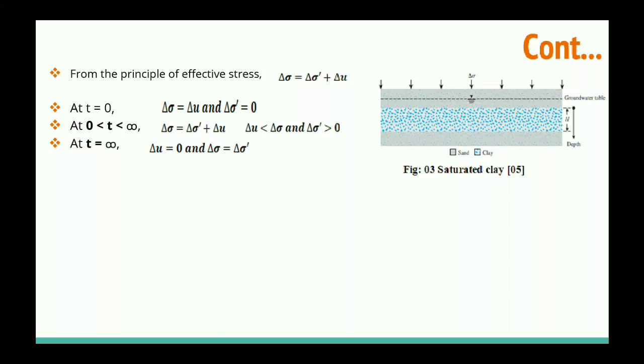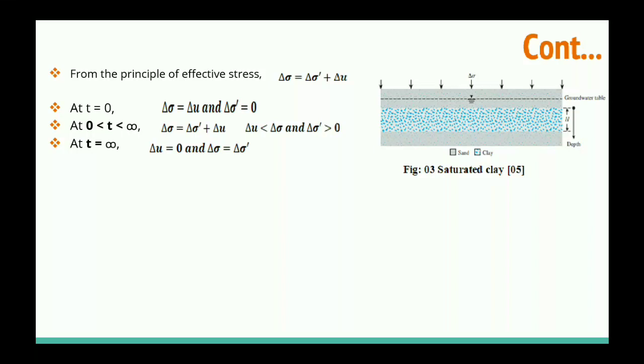So we can write delta u is equal to 0 and delta sigma is equal to delta sigma dash, meaning at a very long time all the pore water pressure is converted into effective stress.